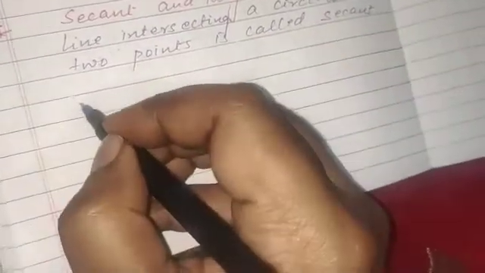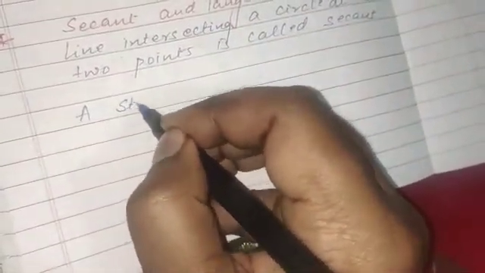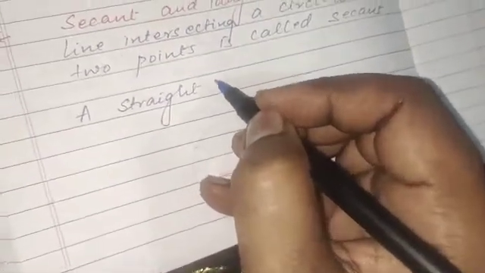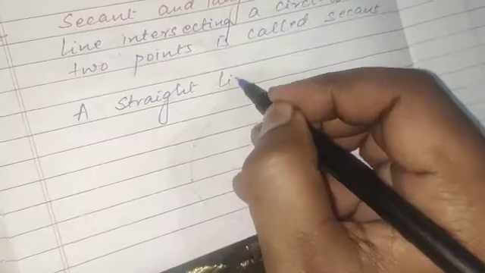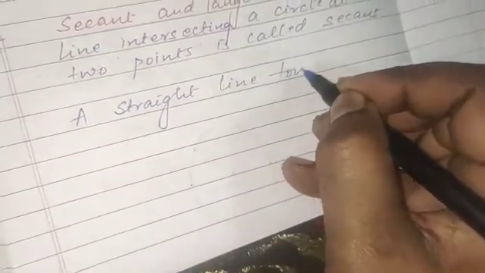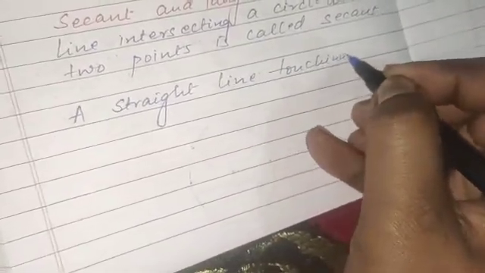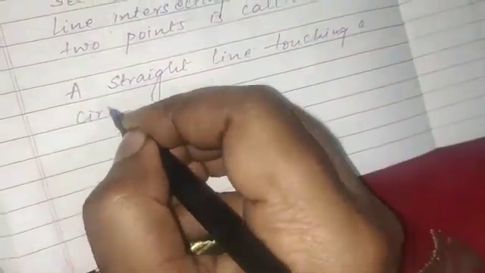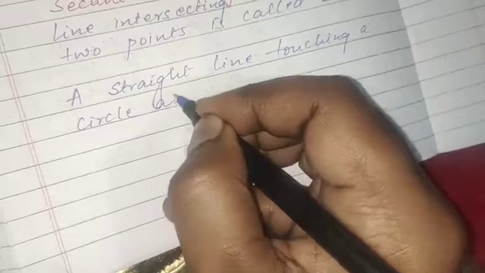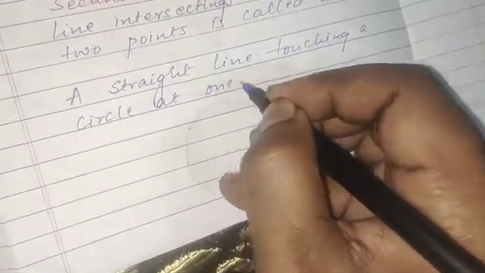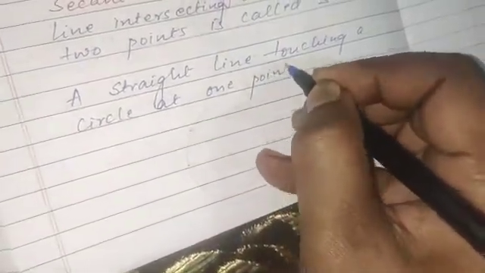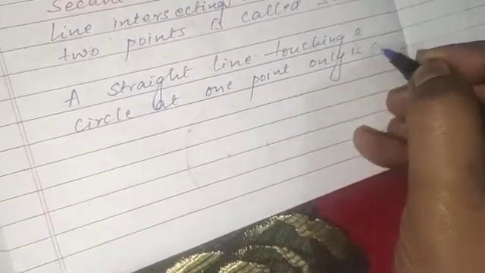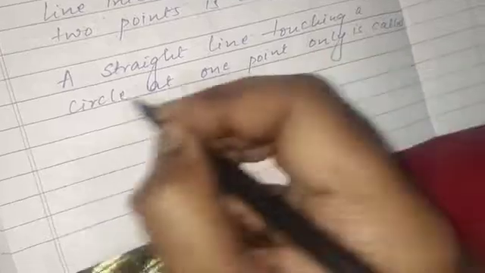And what is tangent? A straight line touching a circle at 1 point only is called a tangent.